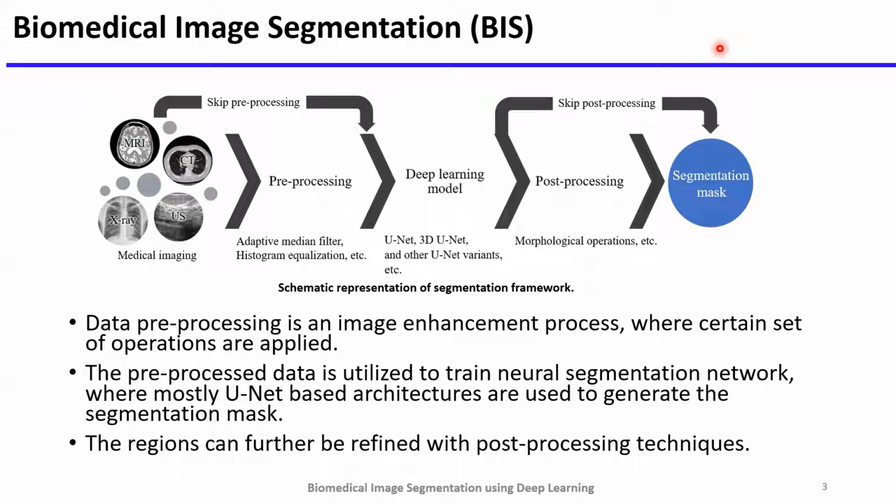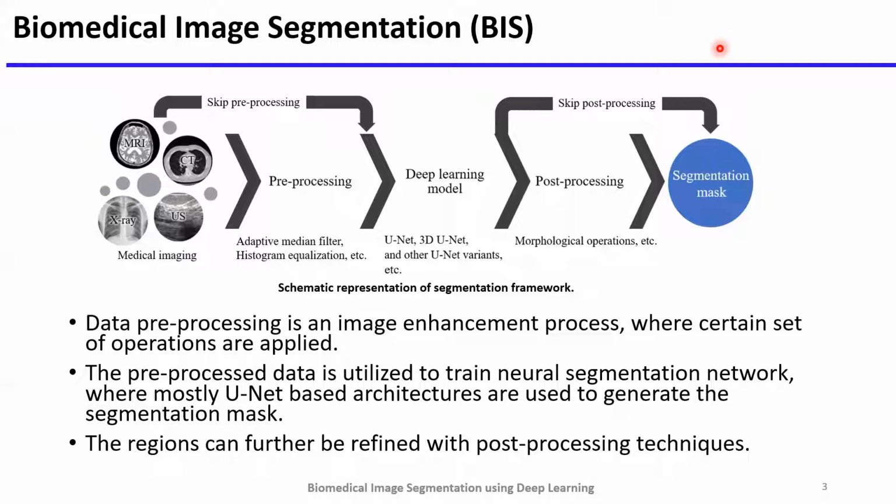Conventionally, UNet models and their variants are the best for the segmentation task, and the deep learning models are able to learn the things properly. Based on the attained output, we can go for the post-processing task, and ultimately, we may get the segmentation mask.